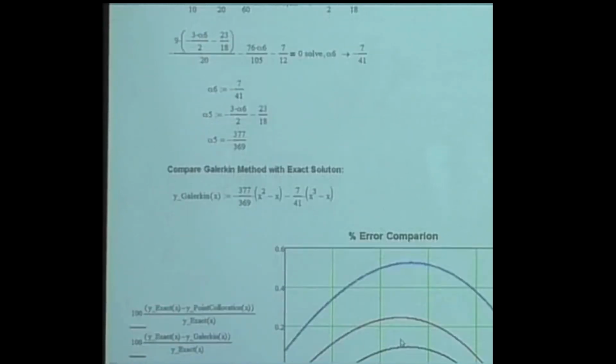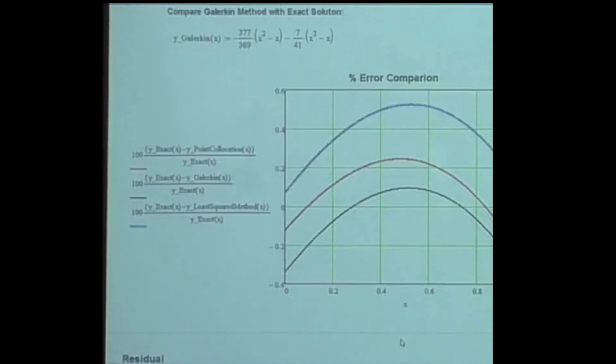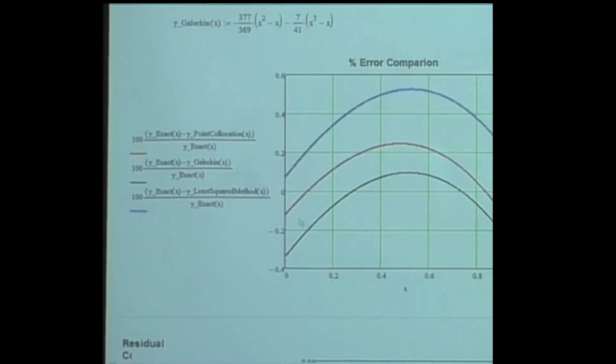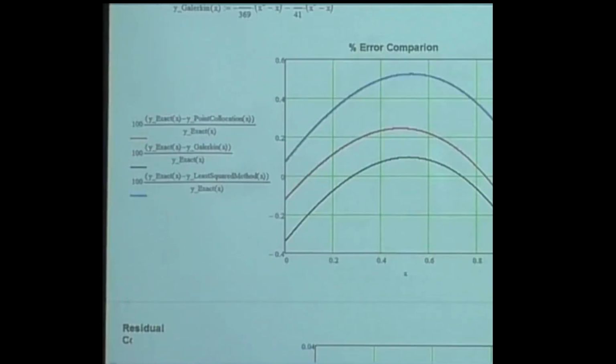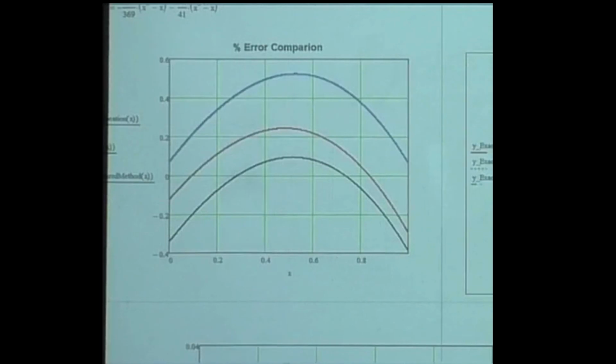And then I did that. So we get 7 over 41 and 377 over 369. And then I plot them, and so we've got the Galerkin method here coming in lower. But we can also look at this, which is just the plot of the error, and you can see that the Galerkin is in the blue.